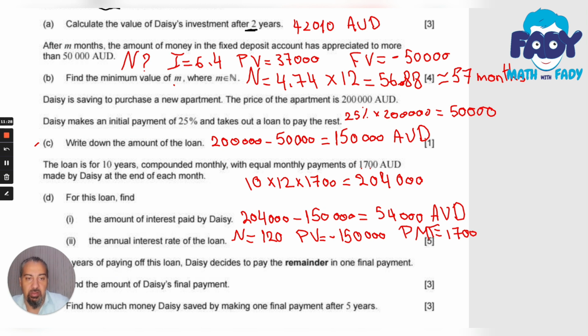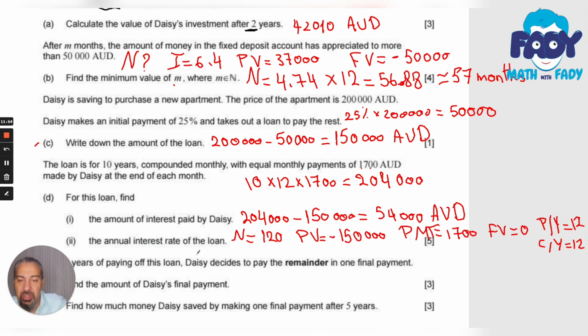And future value will be 0. And PY is 12. CY, this is also 12. Then we will solve, we are solving for I, the rate, the interest.